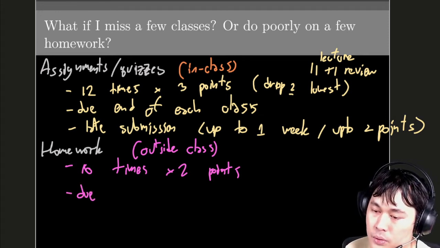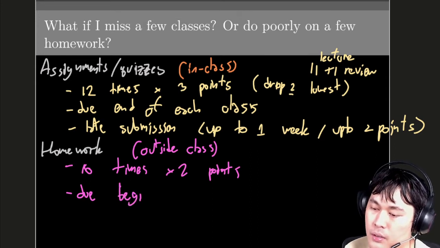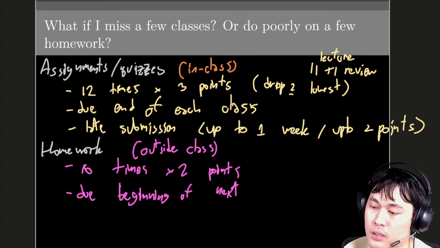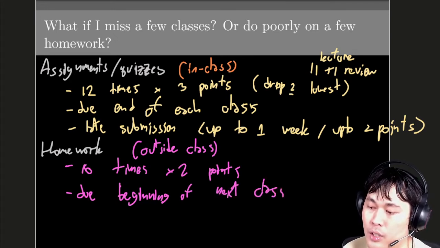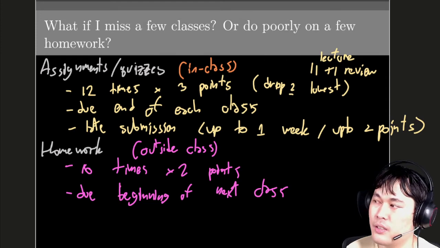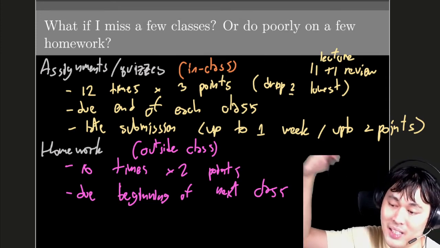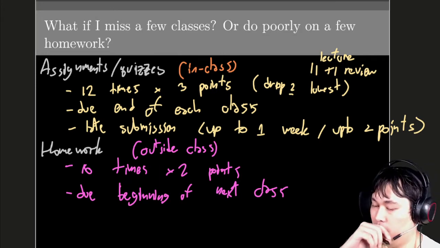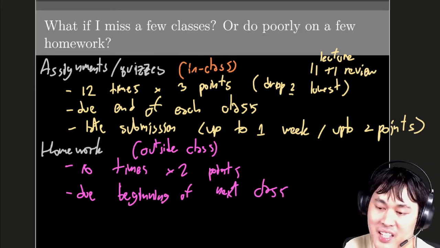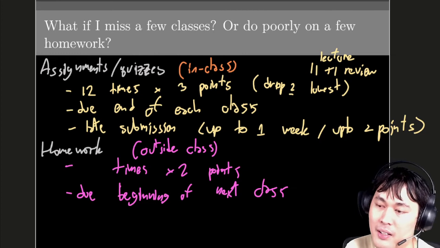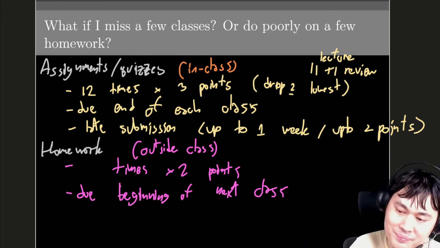It is due at the beginning of the next class. So if I give you a homework today, you are expected to submit it by the beginning of the next class, because most of them are going to be for the next class.